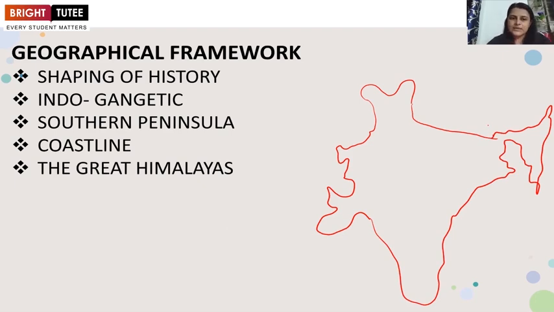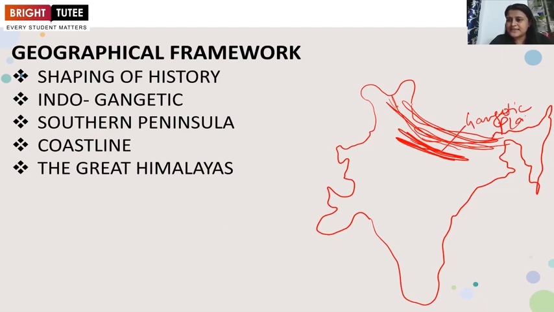Okay. So when we look at this, we know that this part is the great Himalayan zone. This part, Uttar Pradesh, Bihar, is known as the Gangetic Plain.